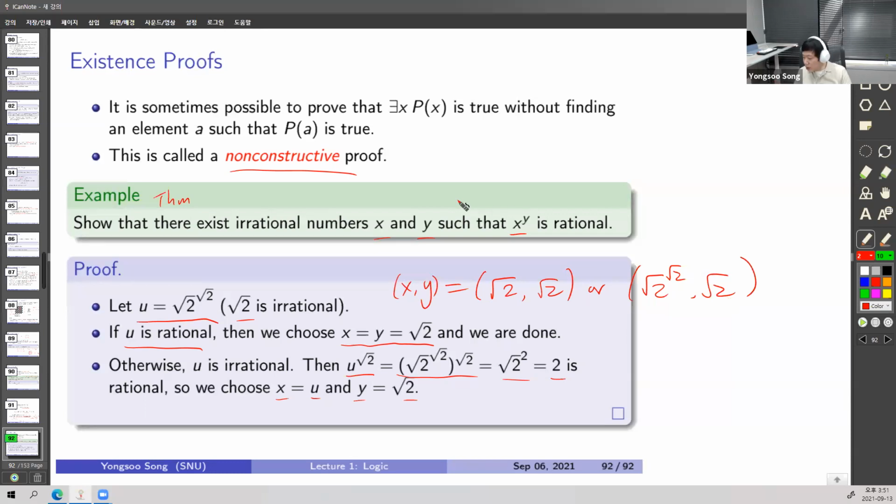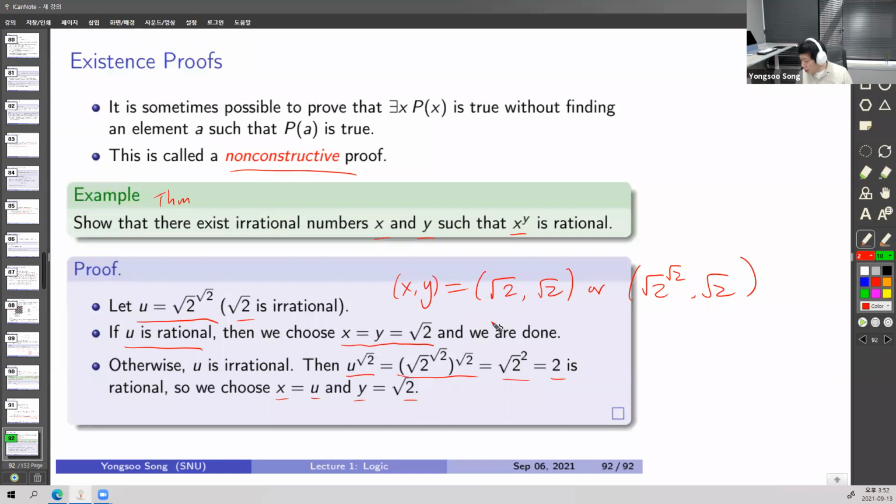But we just proved that at least one of them satisfies this property. So this is why this is called a non-constructive proof, because we didn't really find the pair satisfying this condition, but we just used an indirect approach.